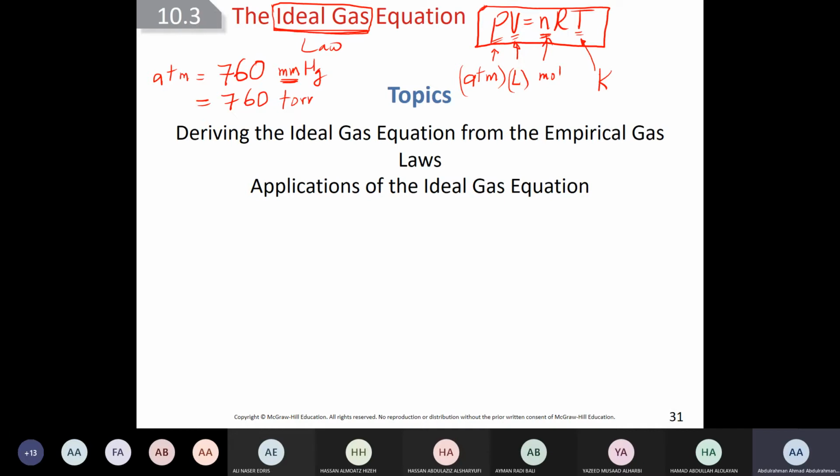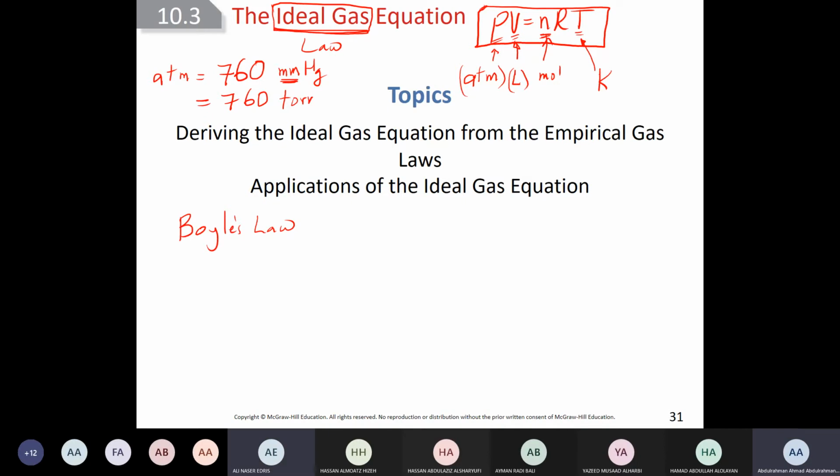Now, there were three important laws before the ideal gas law. Give me the names of the scientist and the law. The first one is Boyle's law. What's the law?